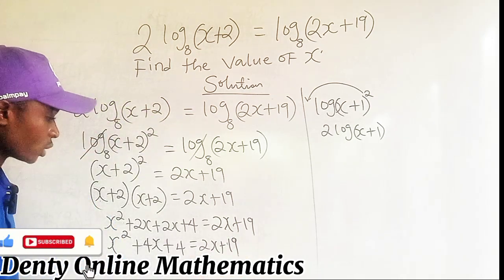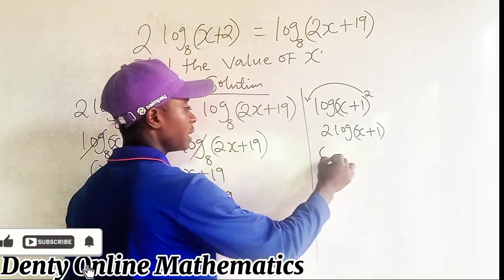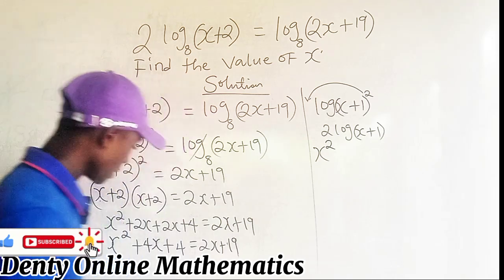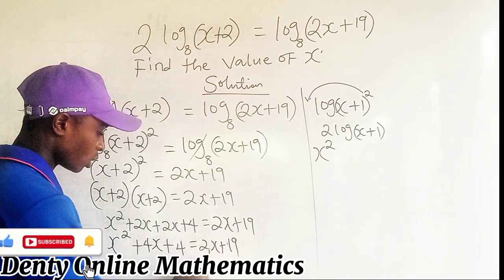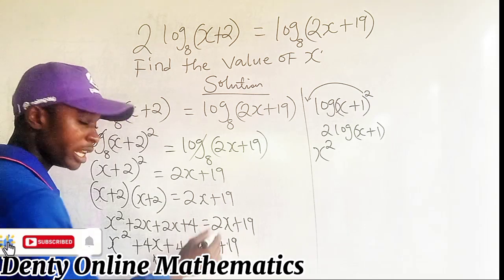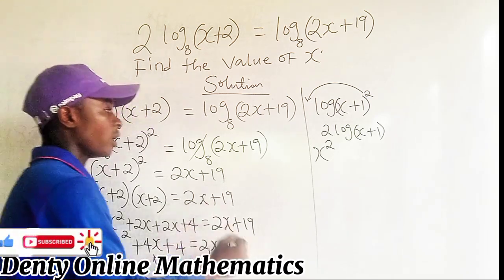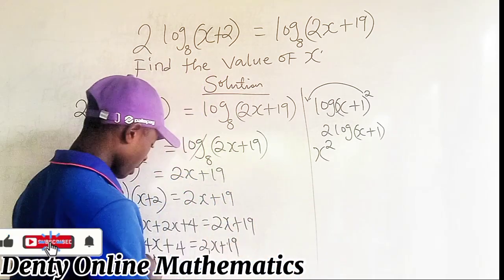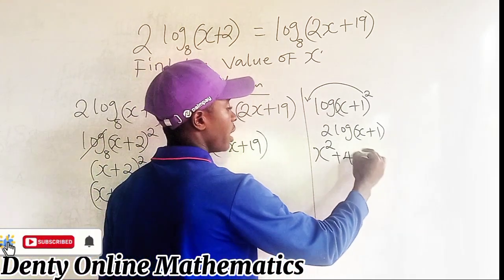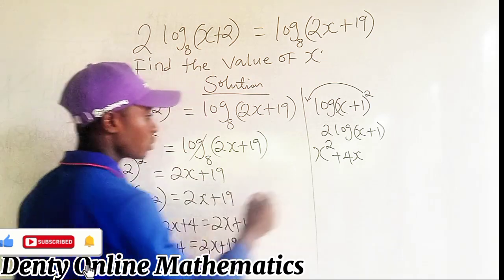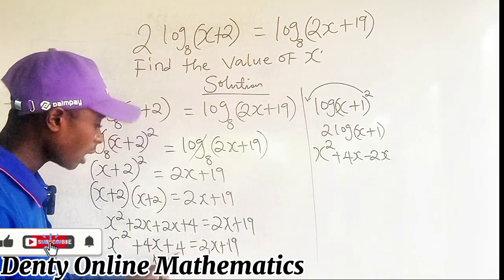Now at this point also, we are going to still collect like terms. So x squared will stand alone. Now the 2x on the right will cross over to give us a negative, because this is a positive 2x. So we have plus 4x, and when 2x crosses over, you're going to have minus 2x. Now we have 4 here.